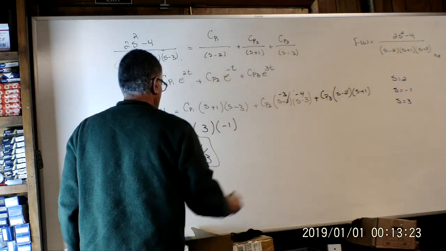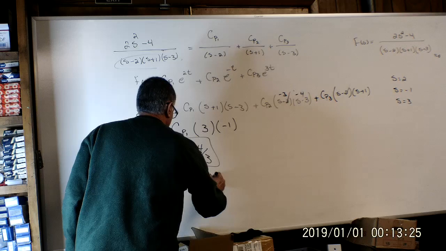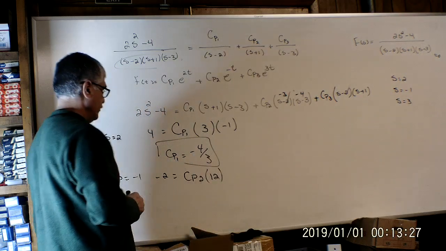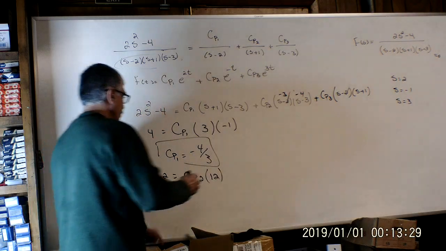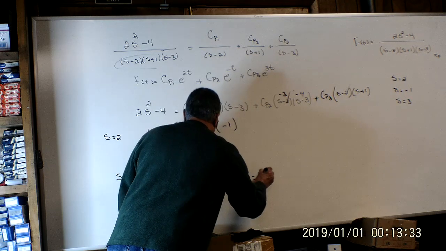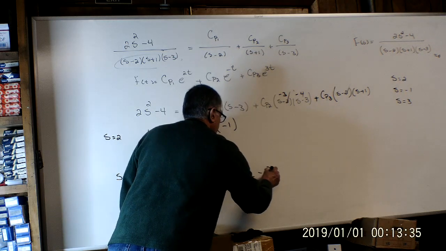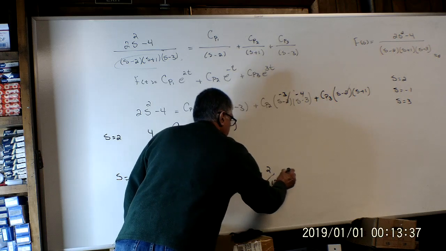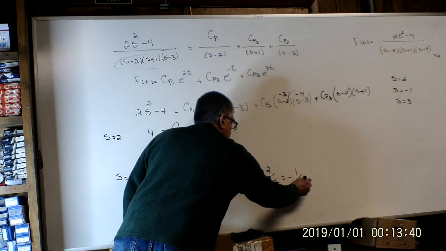Minus 3 times minus 4 is 12. So our cp2 will be equal to minus 2 divided by 12, which is minus 1 over 6.